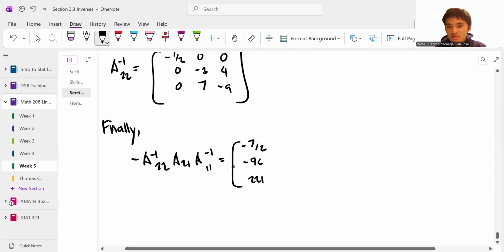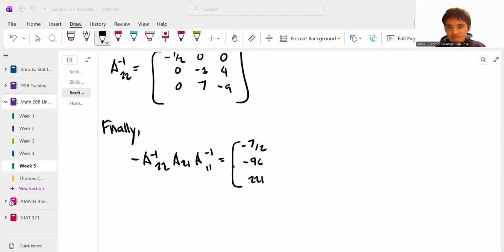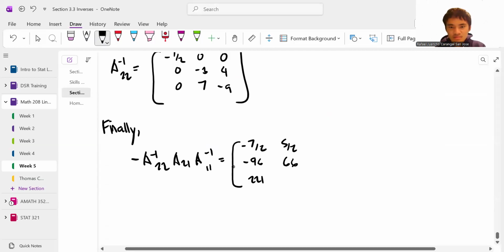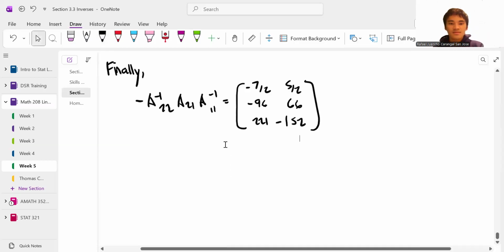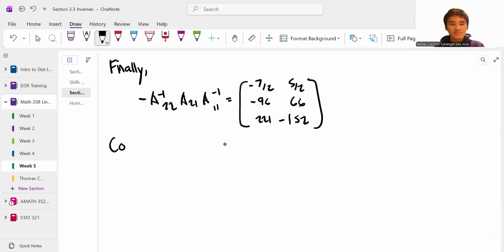96, 221, 5 half, 66, 152. Cool, very nice. Now combining them. But combining them, we get something really creepy, and I don't want to look at it, but here it is.